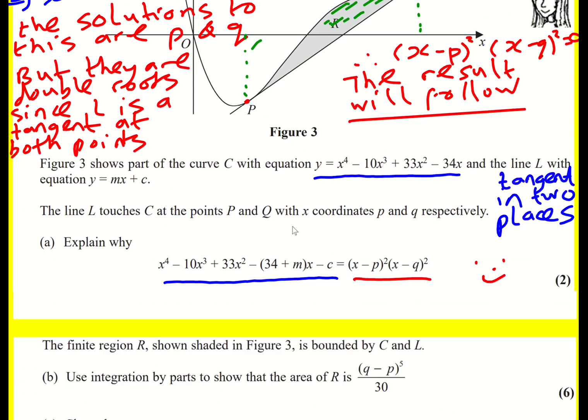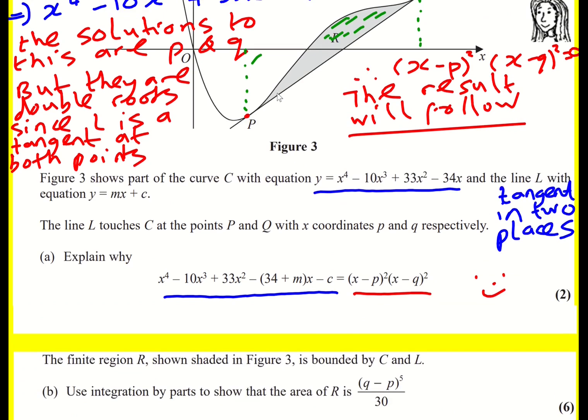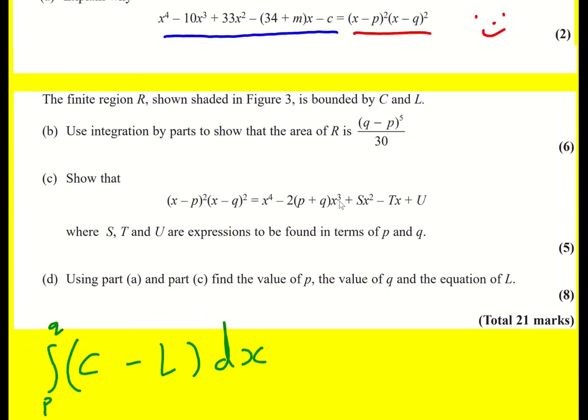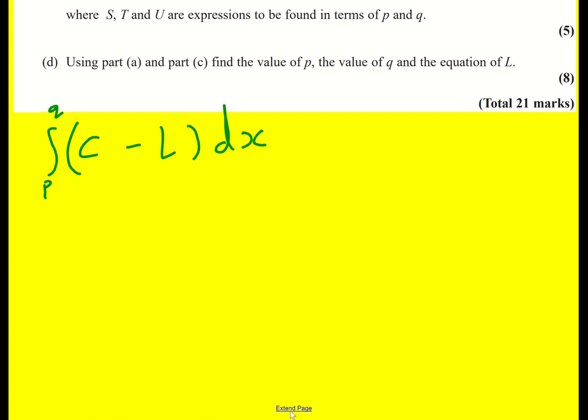Now, if you're not convinced by this, when I did this question, I had to think about it and play around with it a little bit to convince myself. I will show you at the end of this part of the question why we can definitely do that. But this is our starting point for this question.